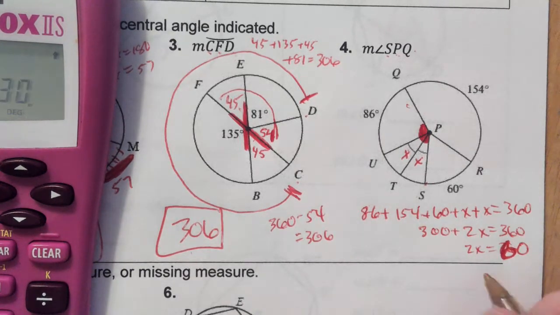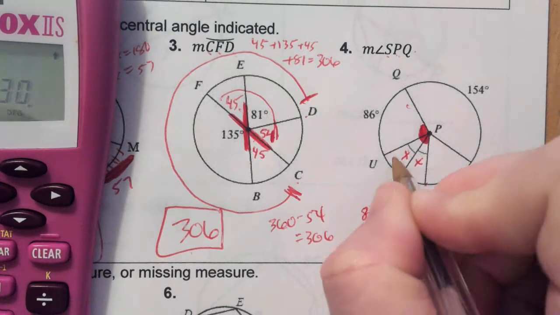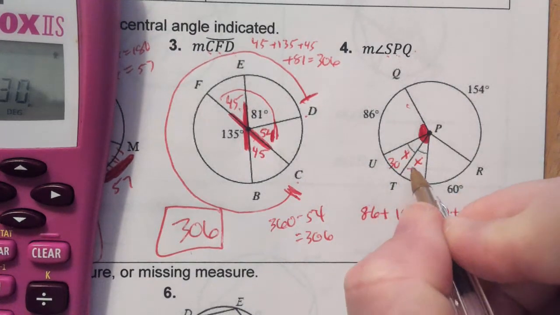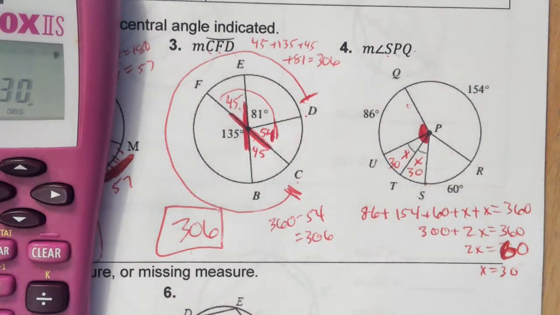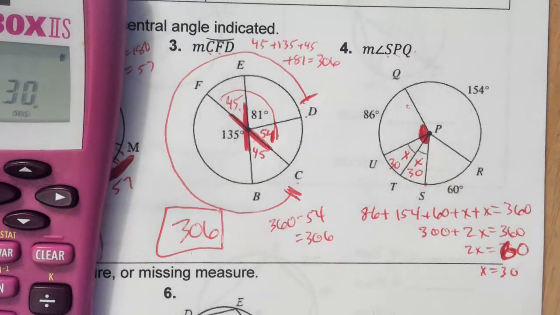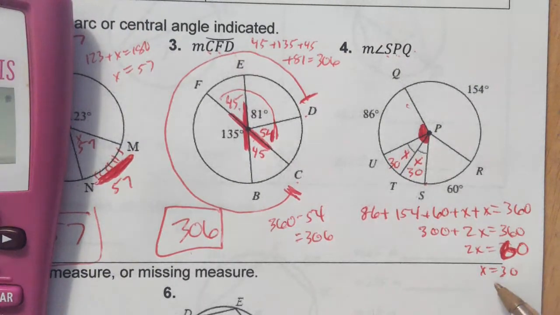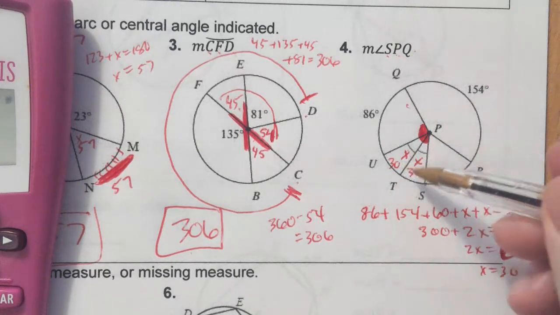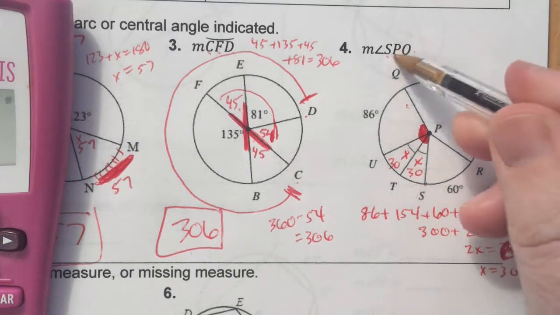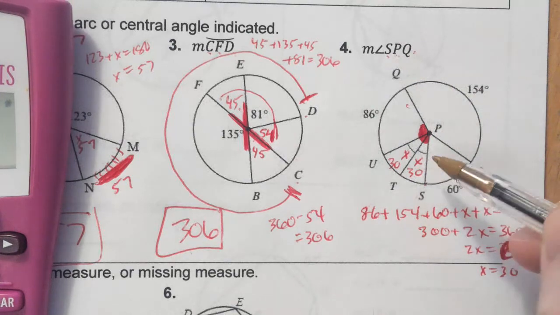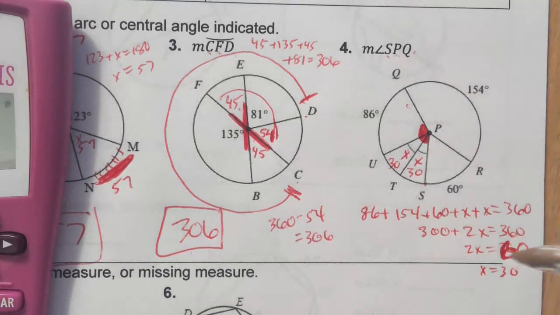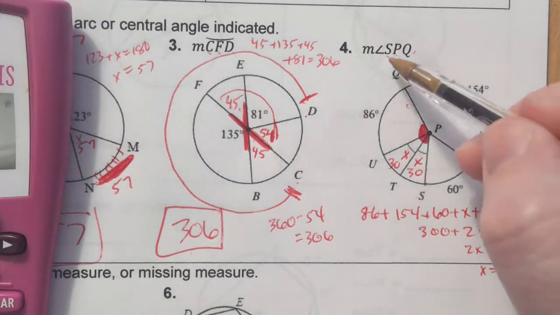Divide by 2, and I get X equals 30. So this little angle is 30, and this little angle is 30, which is very important to know right there. Okay, so we have that. But they didn't actually ask us for this angle. They actually asked us for SPQ, but it's really good to know what X is because that's going to be important later.